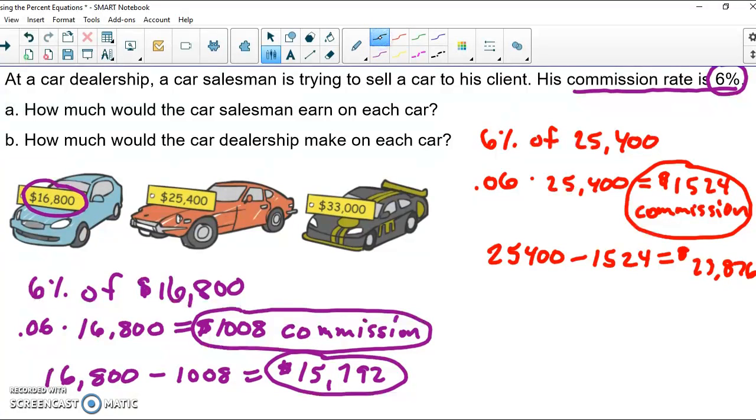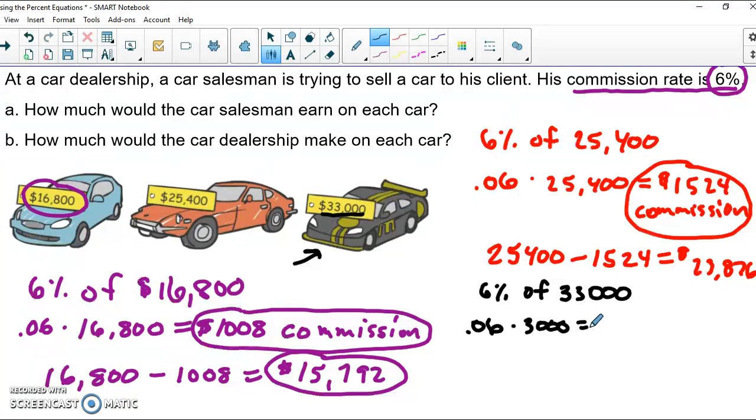And finally, let's check it out for this fancy black sports car here. To find what the car salesman makes, I need to take his 6% commission of this price. So I'm going to find 6% of $33,000. To do that, I'm going to make my percent a decimal, 0.06. Of means times.